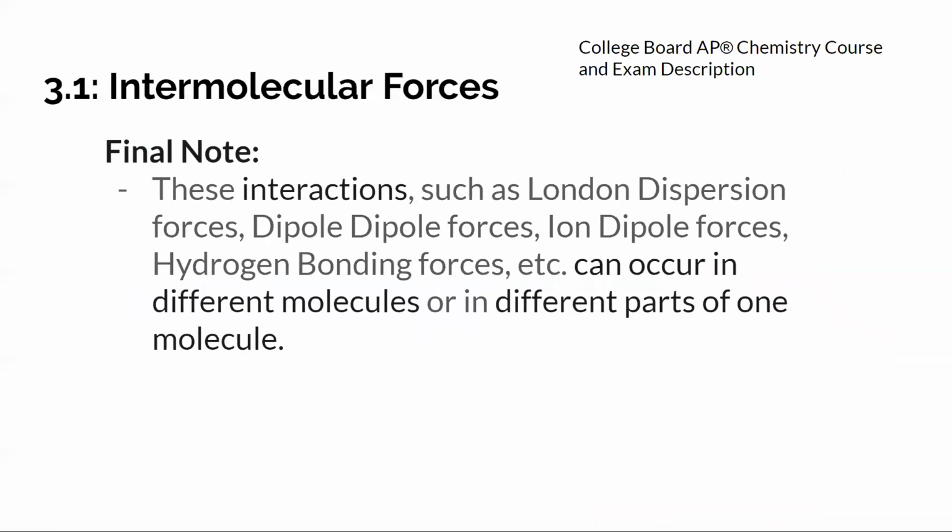And so the final note, just as we emphasized for hydrogen bonding, these interactions, such as London dispersion forces, dipole-dipole forces, ion-dipole forces, hydrogen bonding forces, etc., can occur in different molecules or in different parts of one molecule. It's just like we explained earlier.